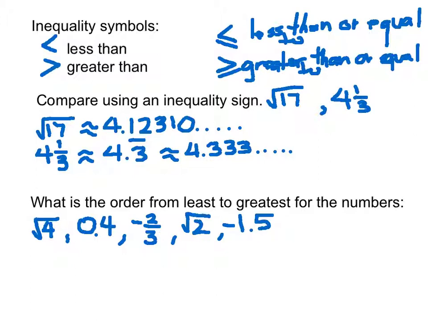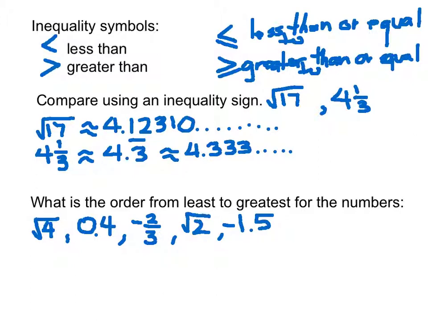Depending on how many decimal places your calculator has, it'll show you more digits, but we assume it keeps going and doesn't repeat at all, so it is an irrational number. For the next one, 4 1/3, if you put that in your calculator, you'll get 4.33333, and it'll keep repeating. The way we write that is 4.3 with a little line over the 3 so that we know it's repeating.